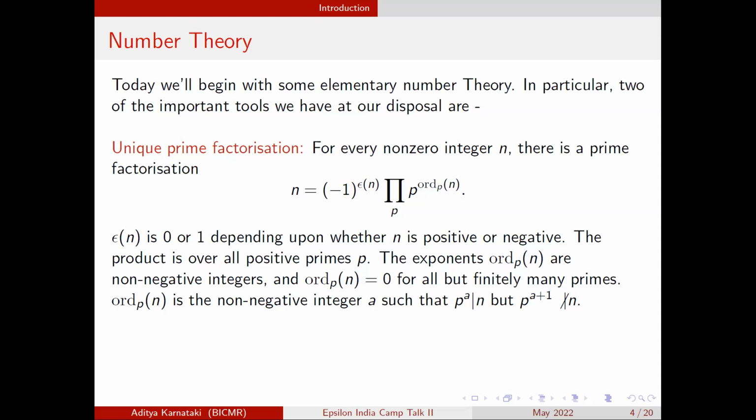So we denote it this way: negative 1 power epsilon of n times a product of primes. So epsilon of n is 0 or 1 depending upon whether n is positive or negative.